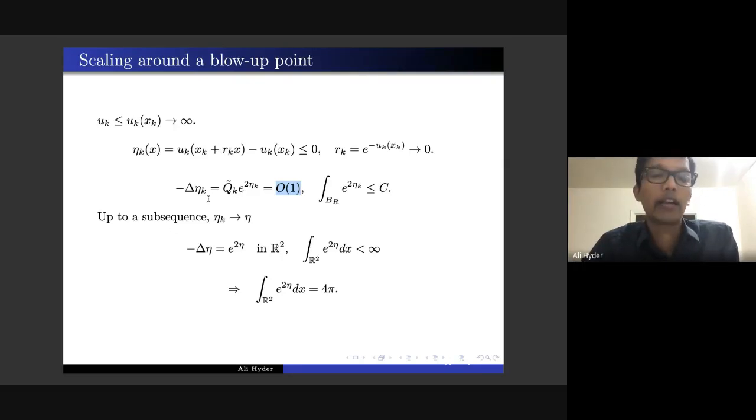Then one can use the Harnack inequality to conclude that after a subsequence eta_k would converge to eta, because this is a uniformly bounded part, and eta would satisfy this PDE.